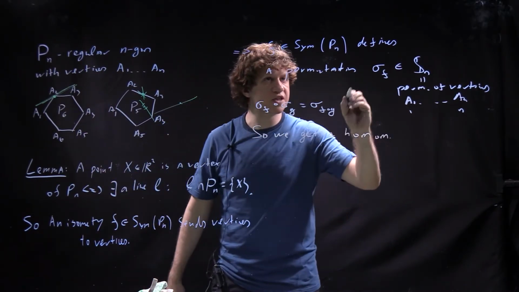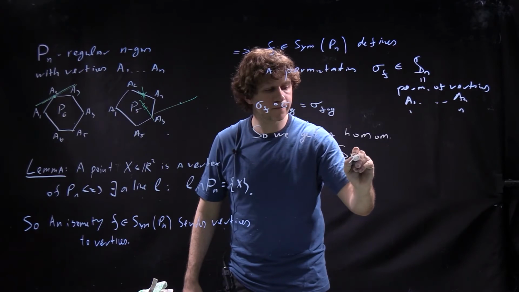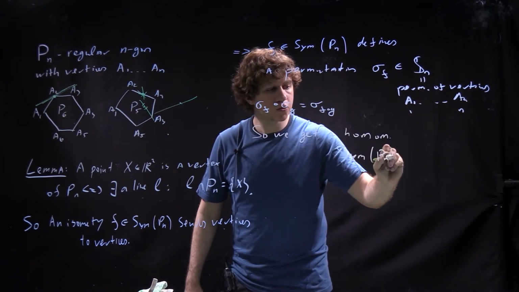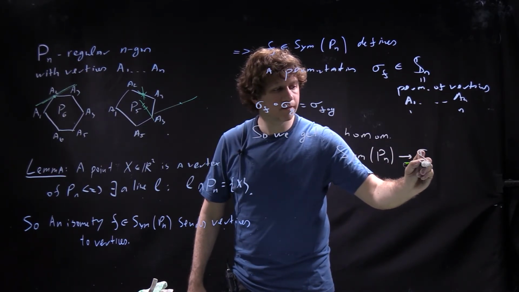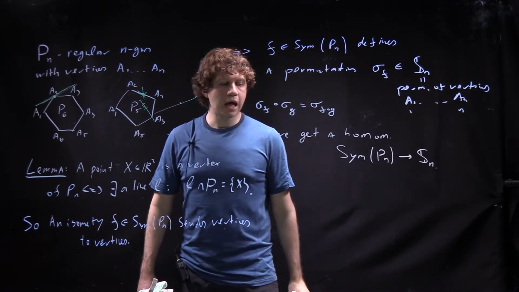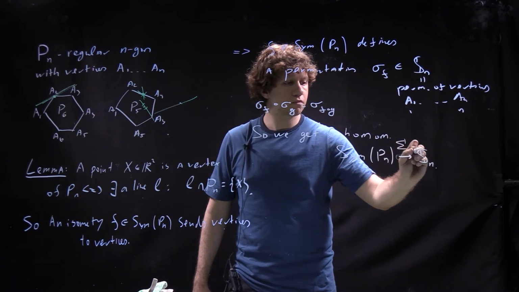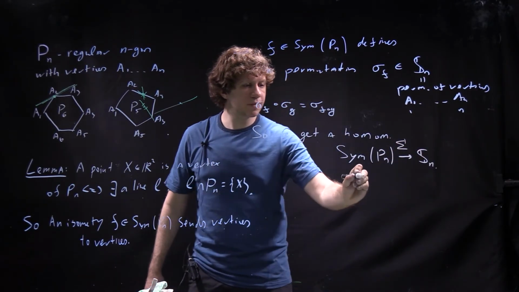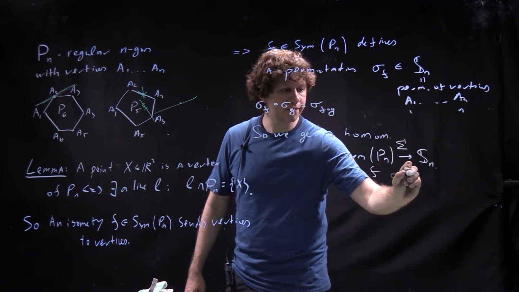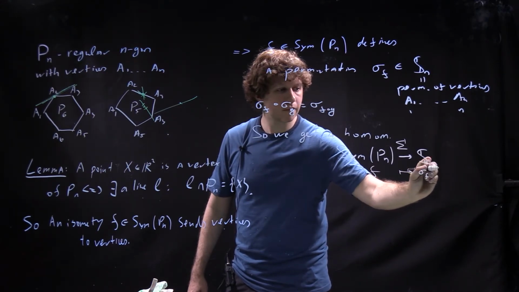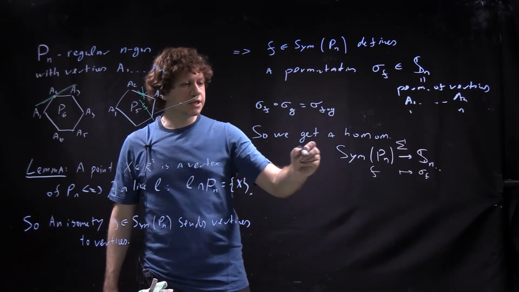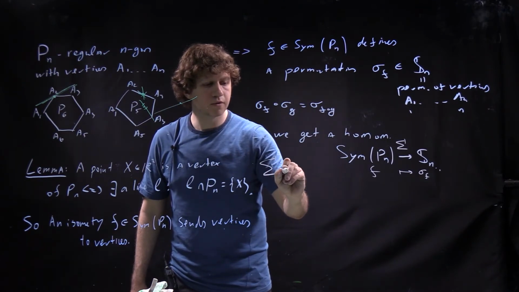from the group of symmetries of Pn to Sn. And let me call it sigma. So sigma sends F to sigma F. And it's really easy to see sigma is, of course, injective.